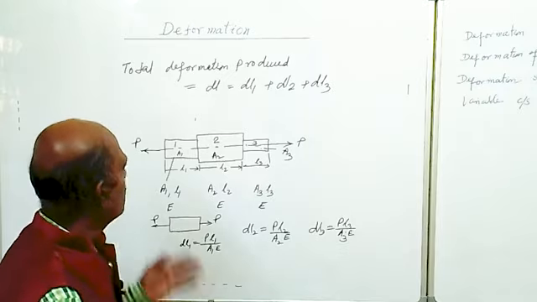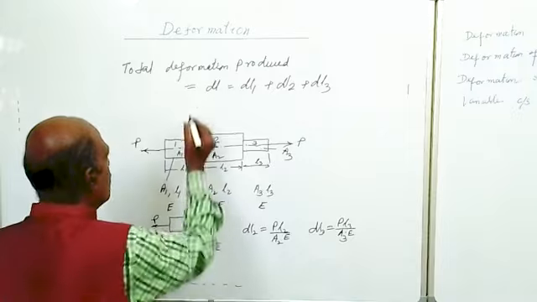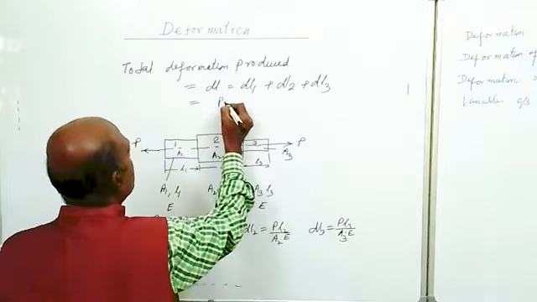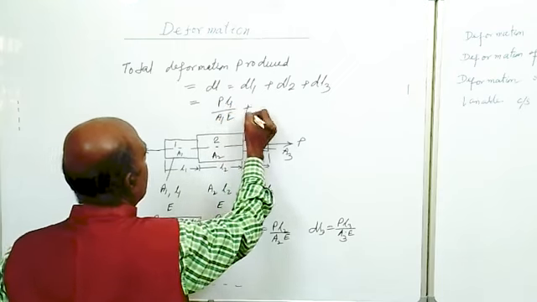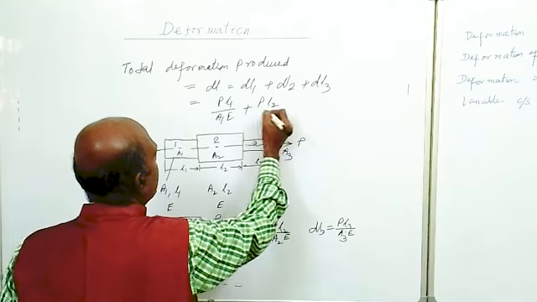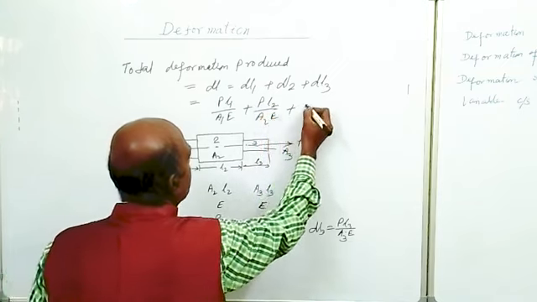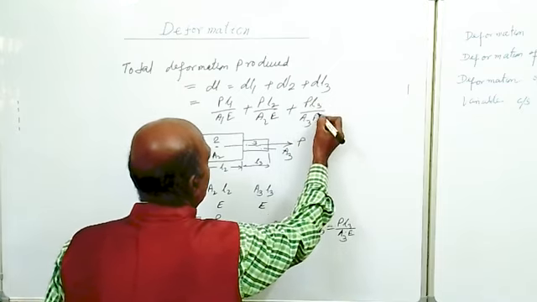It will be the total deformation produced in the variable bar. So we can write dl is equal to P into L1 by A1 into E plus P into L2 by A2 into E plus P into L3 by A3 into E.